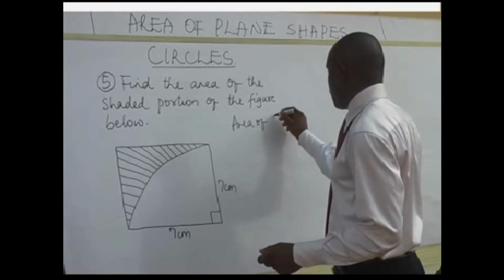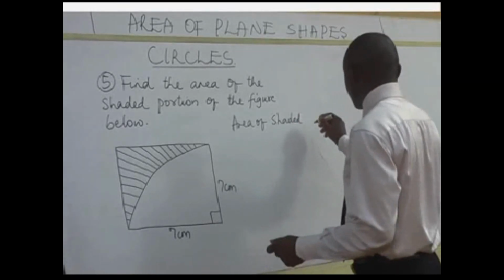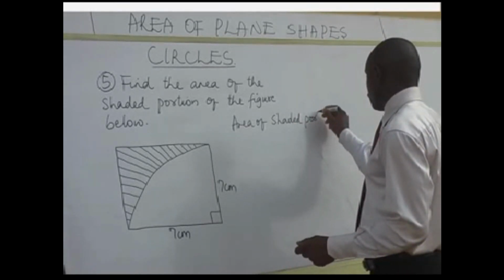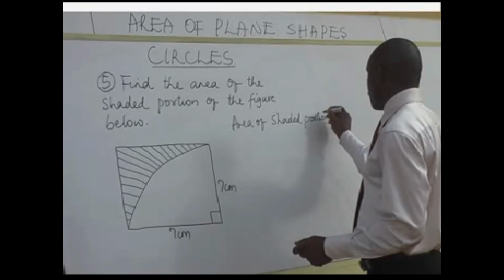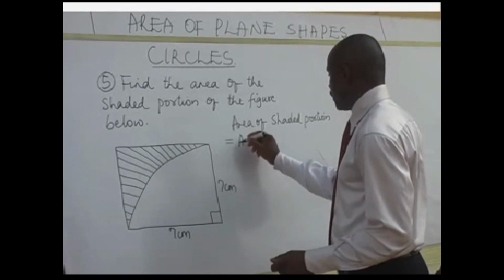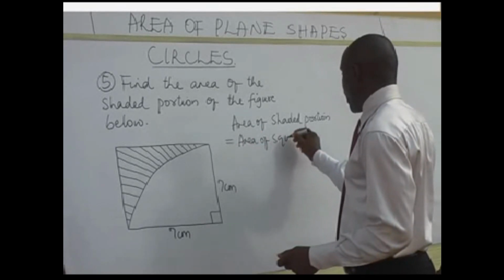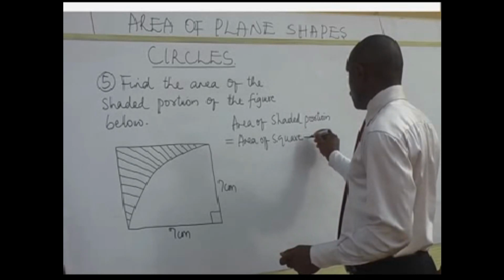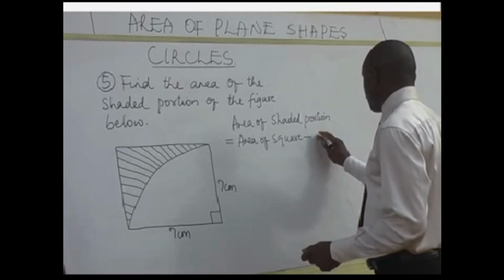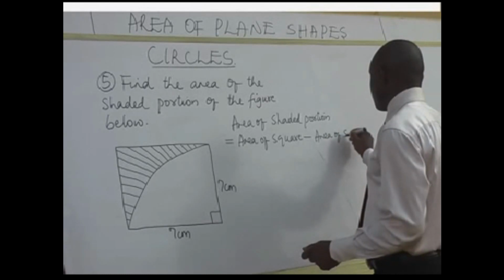Area of shaded portion will be equal to area of square minus area of sector.